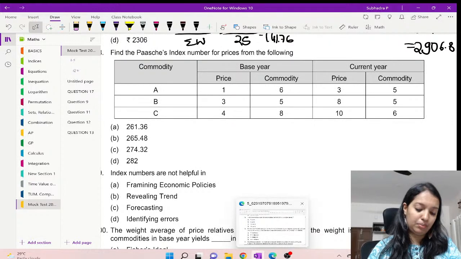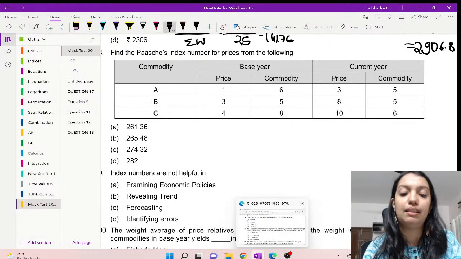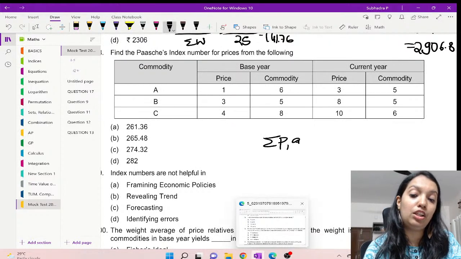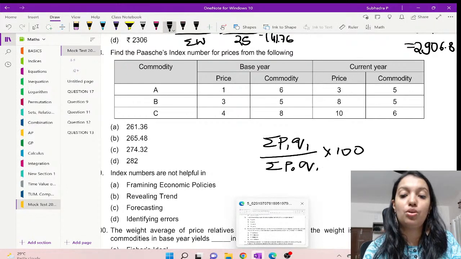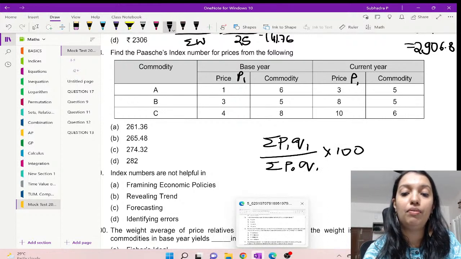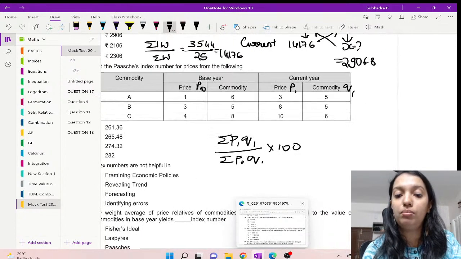Paasche's index number. How do you find Paasche's index number? Summation P1 Q1 divided by summation P0 Q1 into 100. So what is P1? P1, P0, Q1. Do two columns.